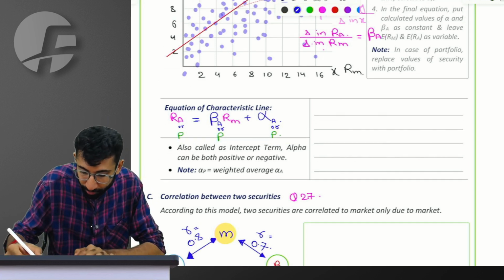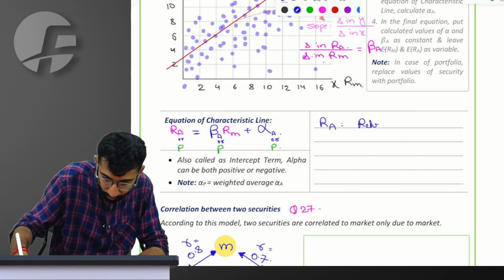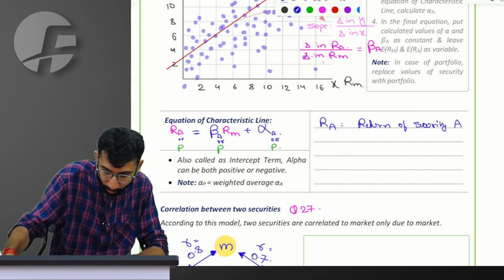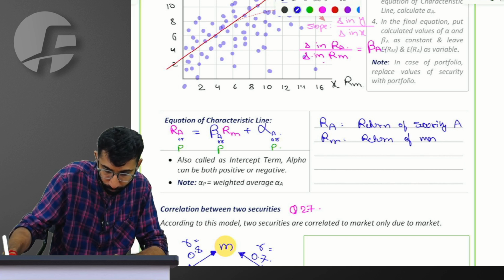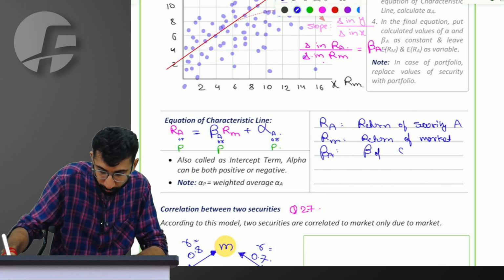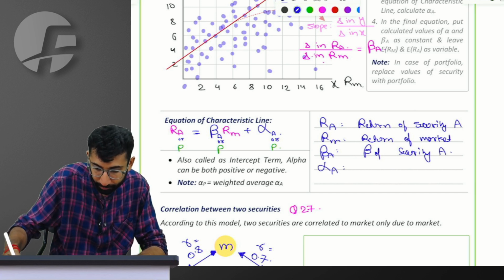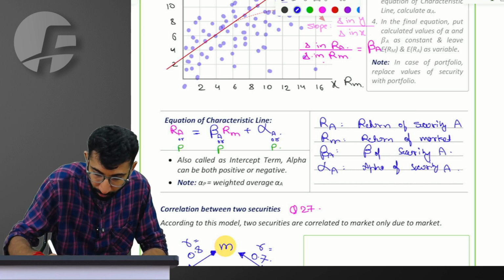Sir, what do I need to write for you? Certain basic things. RA is return of security A. RM is return of market. Beta is obviously beta of security A, and alpha of A is alpha of security A. Meaning to say, what does alpha mean?